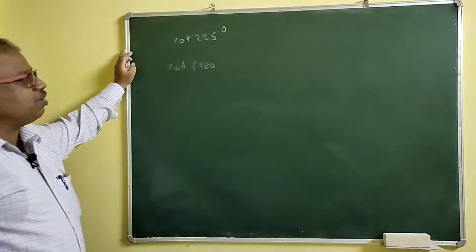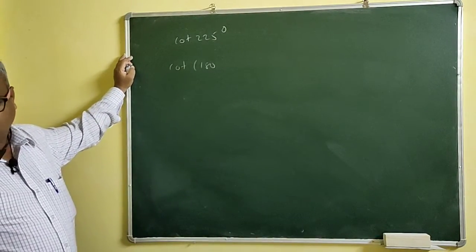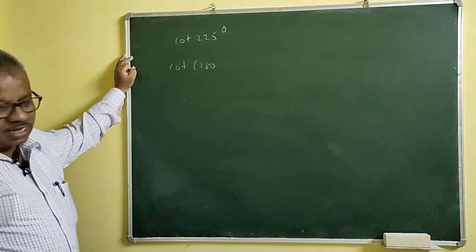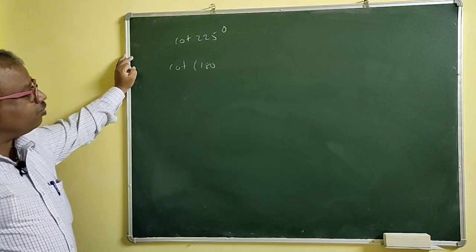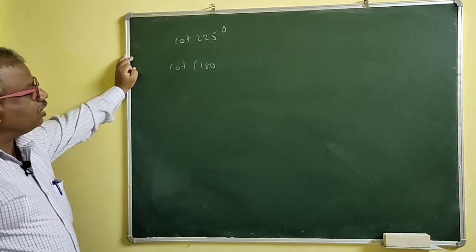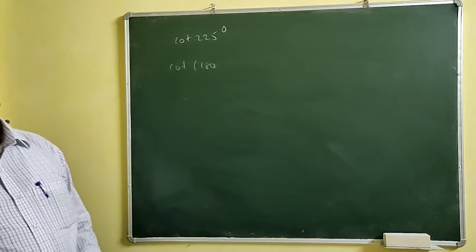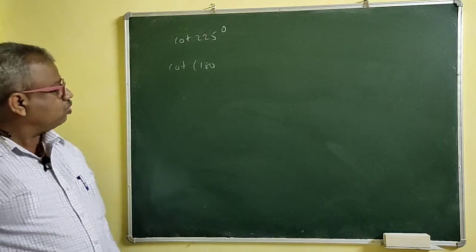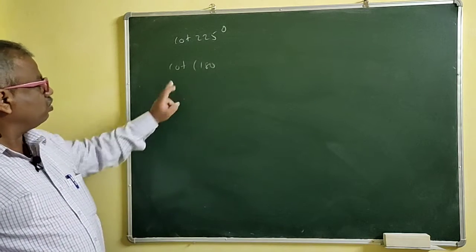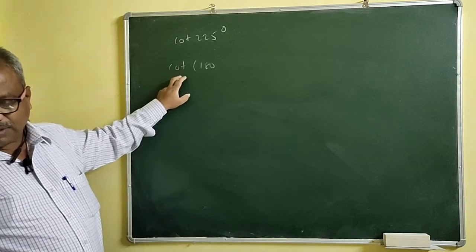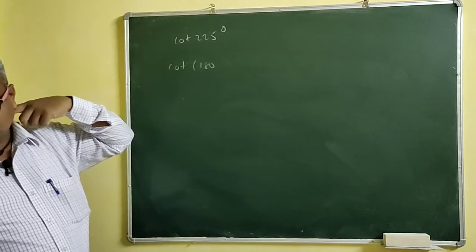But do you know the formula for this one? We don't have the formula for cot of 225 because we have the formula for tan. But if you want to find the tan, tan pi exists actually, right? So first we will find the value of tan, then we will take the reciprocal of that one.